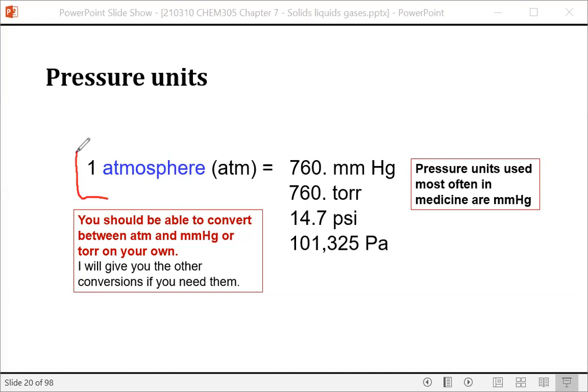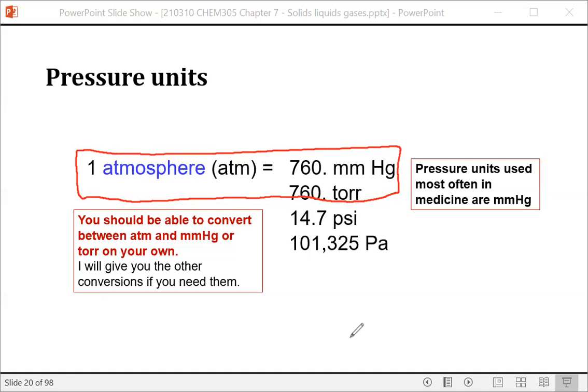You should be able to do these conversions on your own. I'll give you the other conversion factors, PSI and pascals, if you need them on quizzes or exams. But you should know how to go from atmospheres to millimeters of mercury, or atmospheres to torr, or the other way, torr to atmospheres, or millimeters of mercury to atmospheres on your own without me giving you the conversion factor.